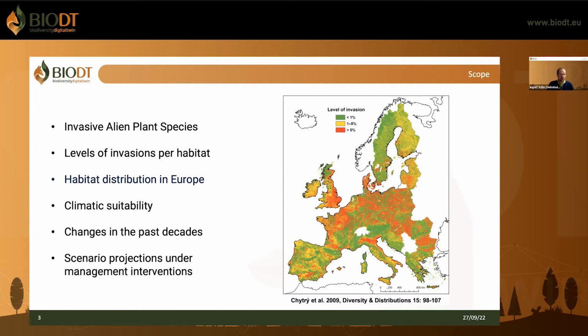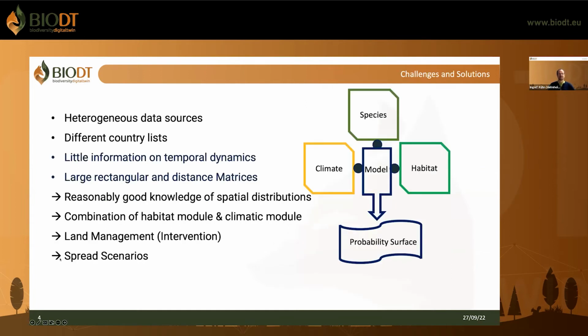We will then combine that with climatic suitability to know not only in which habitat the species occur, but also is the climate suitable for it, and taking into account changes of the past decades whenever possible from long-term observation projects, and then provide scenario projections and different management interventions, meaning if we change the management in specific habitats or the composition of specific habitats in the landscape, what does that mean for the distribution and the number of alien invasive species that are around there?